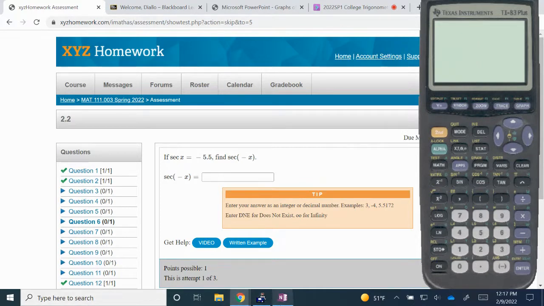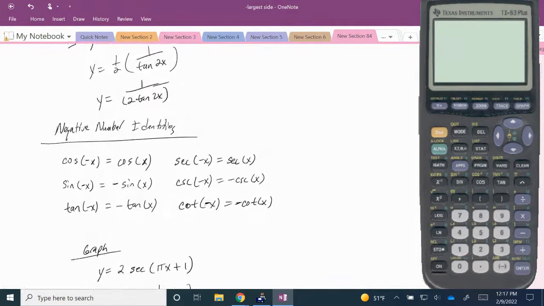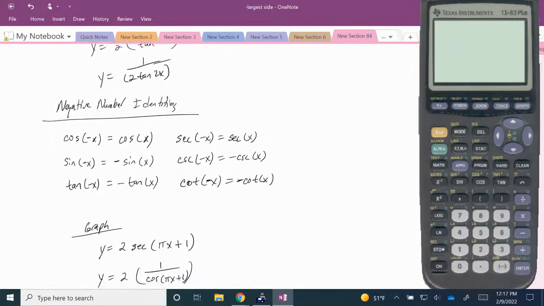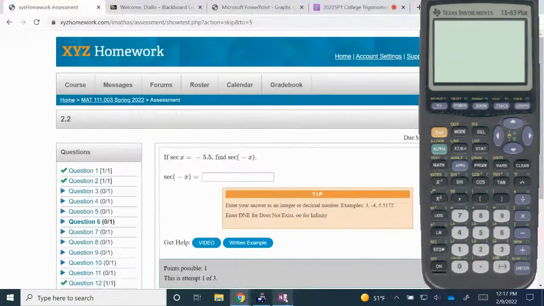All right, so if we go back to our negative number identities, the secant of negative x is equal to the secant of positive x.